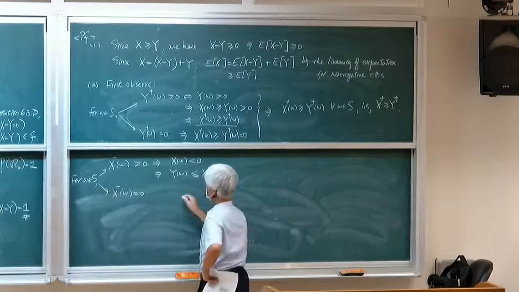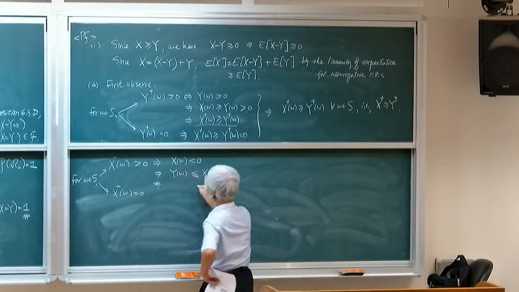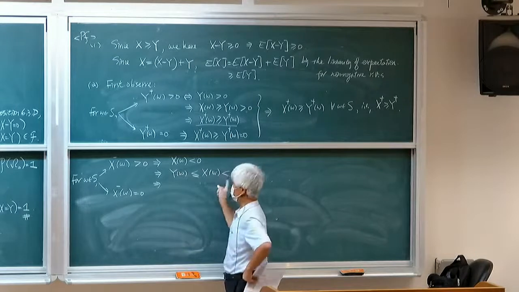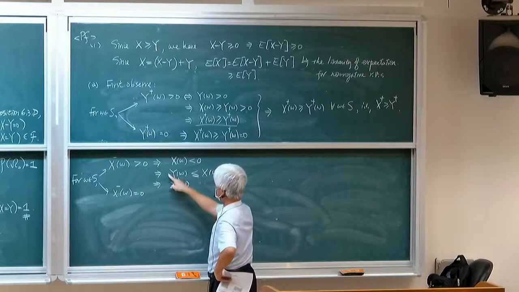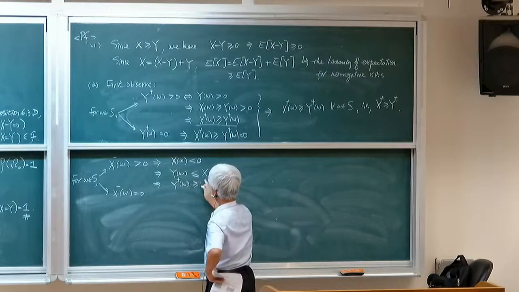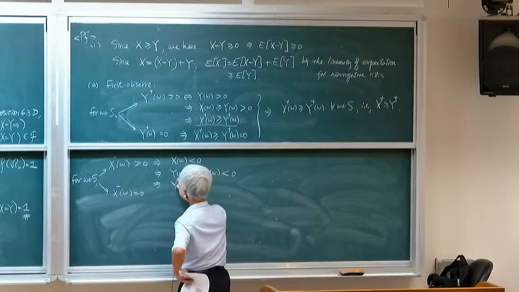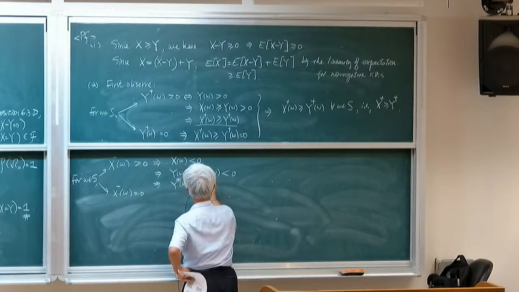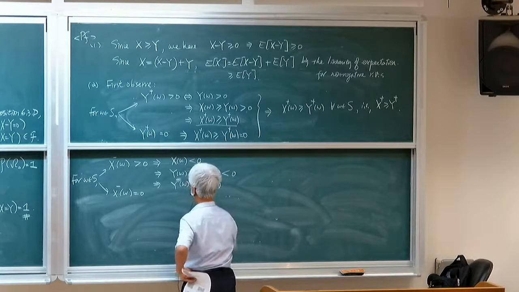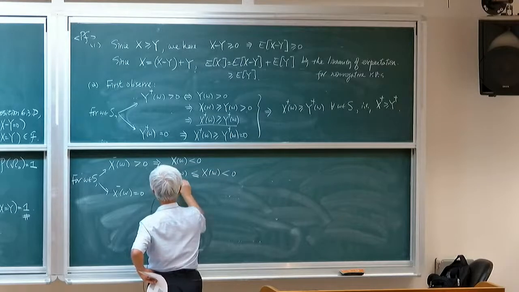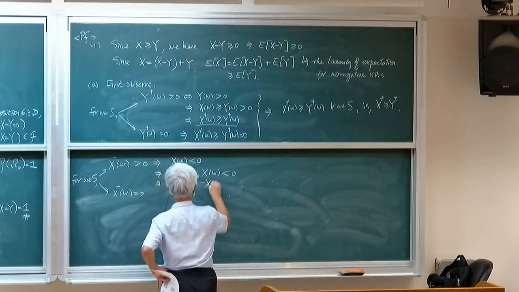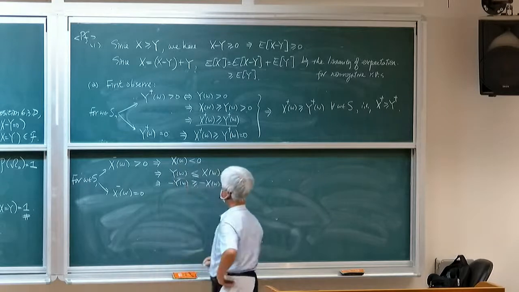So y omega is negative, and minus y omega is greater than or equal to minus x omega, which is greater than 0.